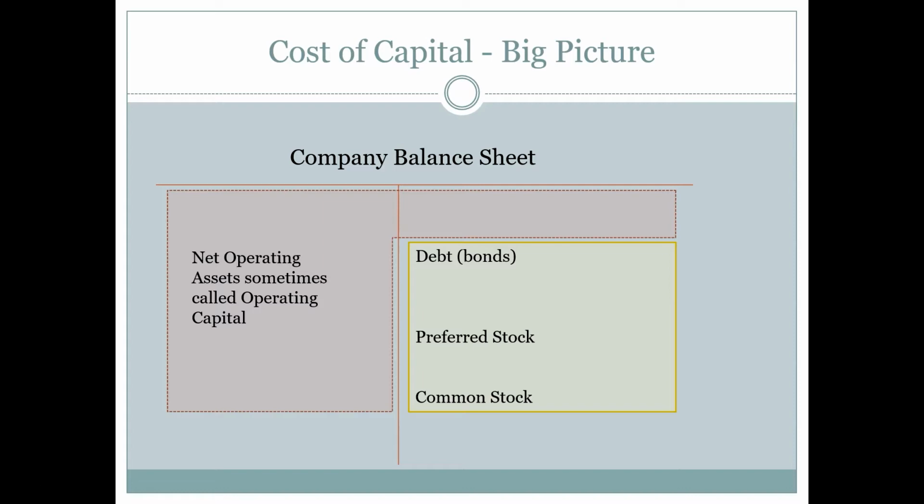The capital structure of the firm, this right-hand side of the balance sheet, is the relative percentage of financing that was raised from each different source of capital. So what we want to know is, partially, how did the firm pay for all these assets, and how much did it need to pay to raise capital from those sources?